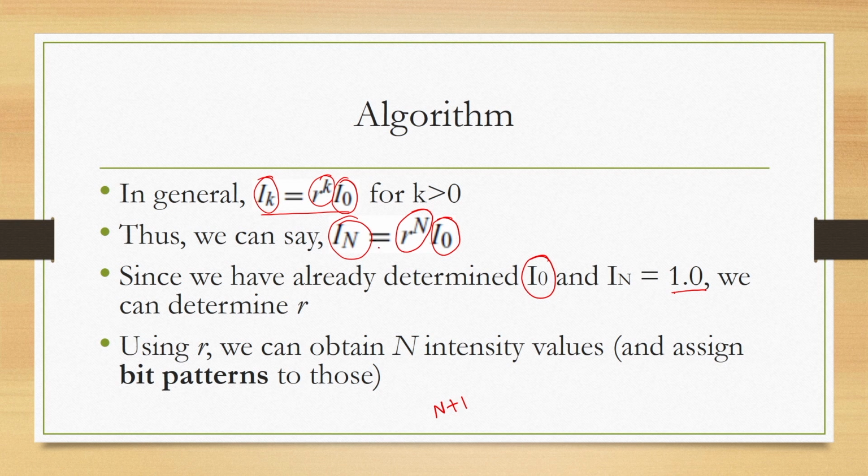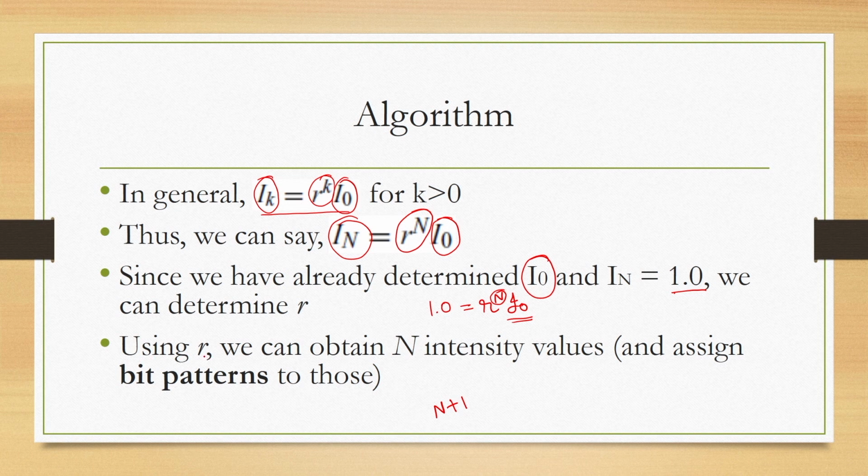Then using this equation we can determine the value of R by solving the equation 1 equals R to the power n times I0, where we know the value of I0 and we know the value of n from the total number of intensity values supported by the device.